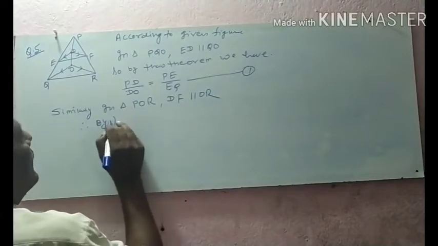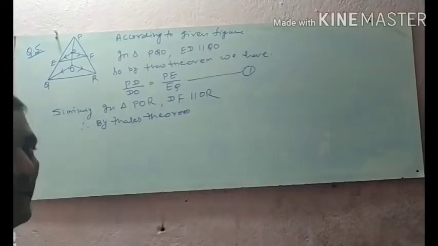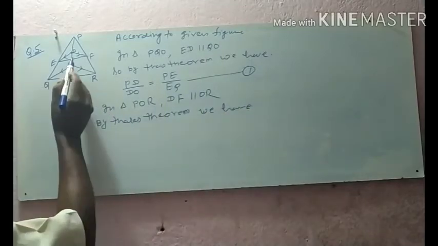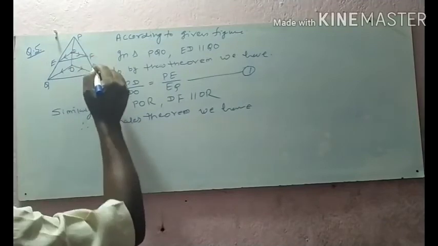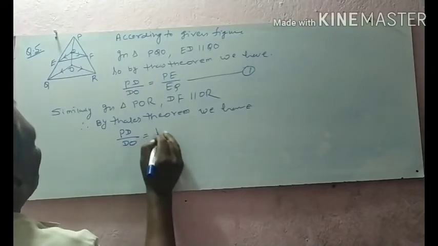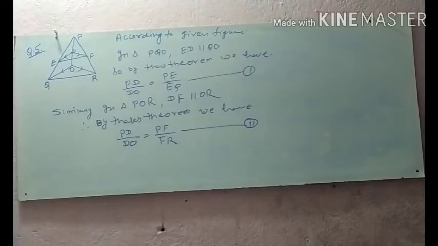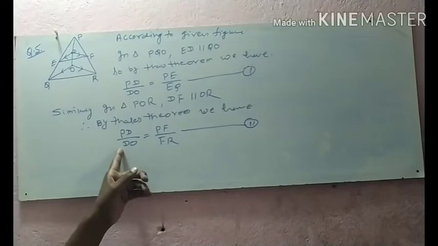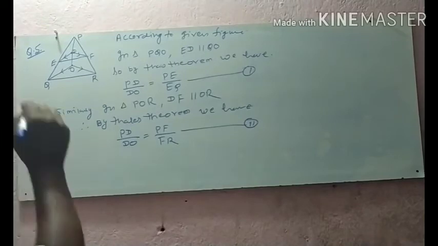Therefore, by Thales theorem, we have PD by DO is equal to PF by FR, equation second. From equation first and second, LHS are equal to each other. That implies its right sides must be equal to each other.